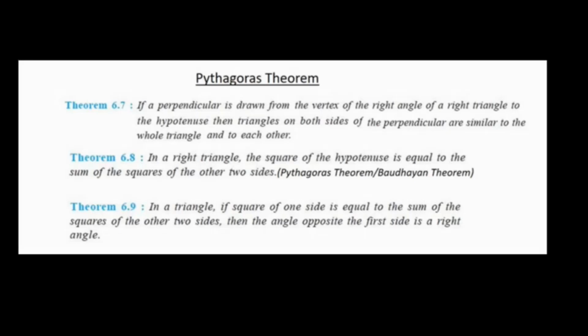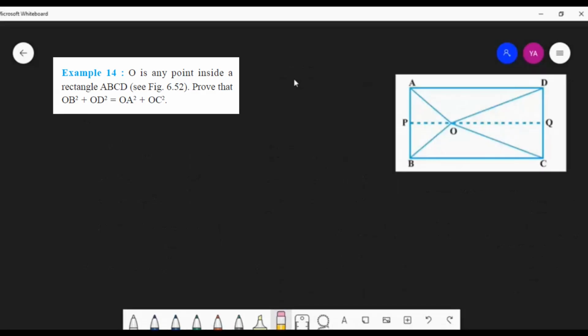Okay, so we start with this question. O is any point inside a rectangle ABCD. Prove that OB square plus OD square is equal to OA square plus OC square. A picture is given like this.